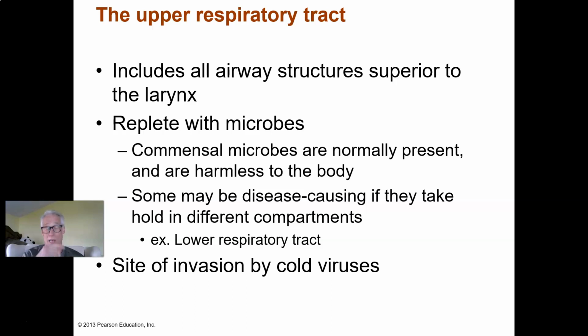They're organisms that occupy regions of our body, the surface of our body, the nasal cavity, the GI tract, and they're harmless organisms. They just happen to exist there, and in some cases they produce benefits to the body. So commensal organisms live in the upper respiratory tract in large quantities.